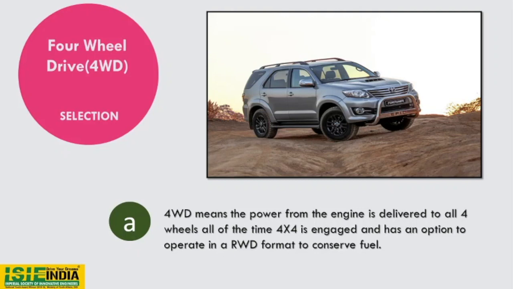It allows you to shift the low ratio or high ratio to the front axle or the rear axle. It is powered by a 3-liter diesel engine that puts out around 340 Newton meters of torque and 160 horsepower. And if we have a look at its features, it has high ground clearance and solid build quality, which makes it an ideal off-roader.